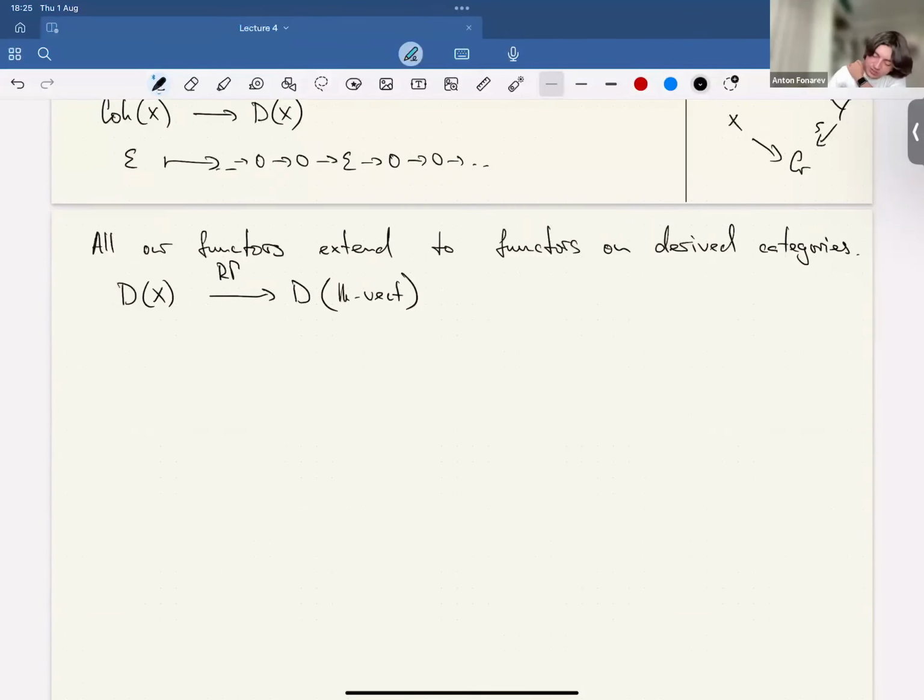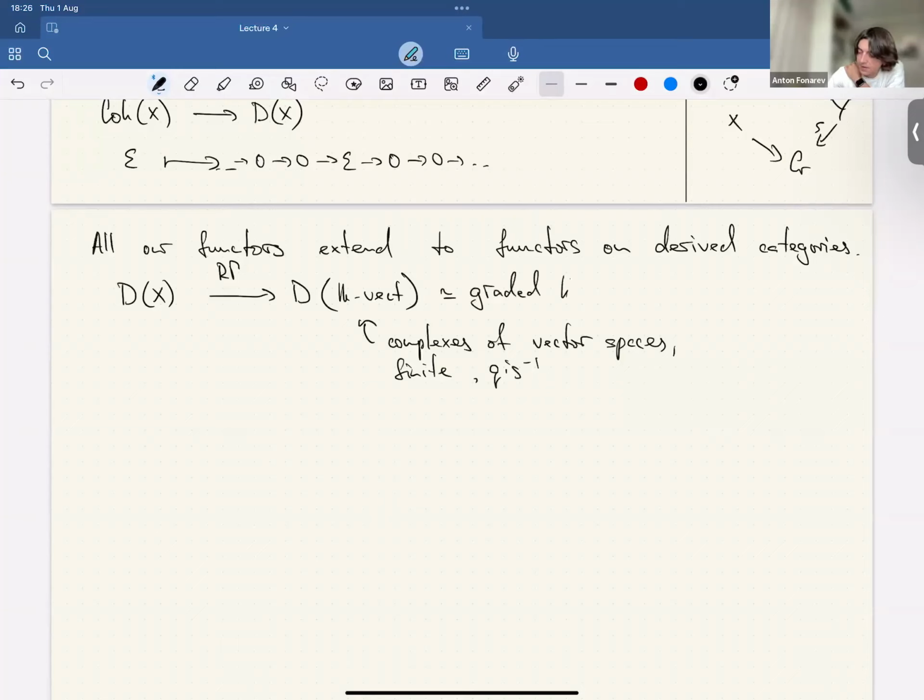So this will be just, again, complexes of vector spaces, finite, and all quasi-isomorphisms reversed. And if you think about it for a little bit, this is isomorphic to just graded K vector spaces.